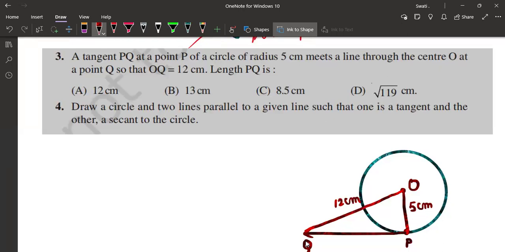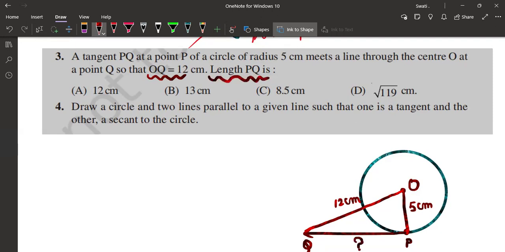So of course, you can understand that if OQ is given as 12 centimeters, you must be adding OQ. So you have to draw a line between O and Q to make it 12 centimeters. So it's a line segment, of course. And the question is, what is the length of PQ? This is what we have to figure out.